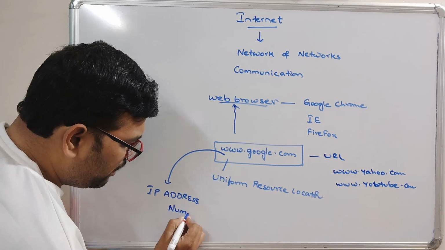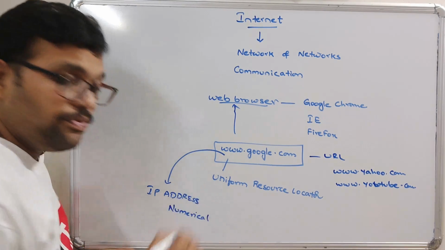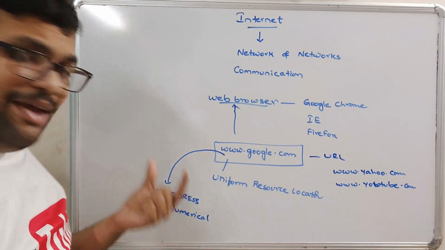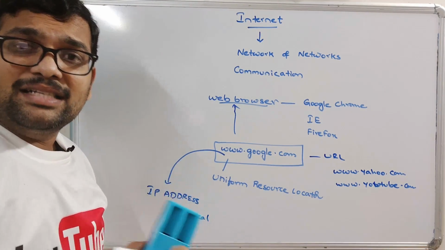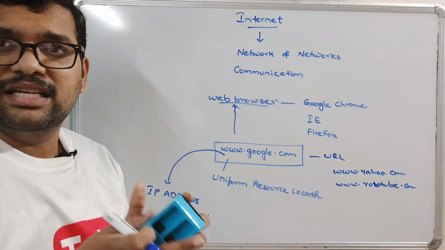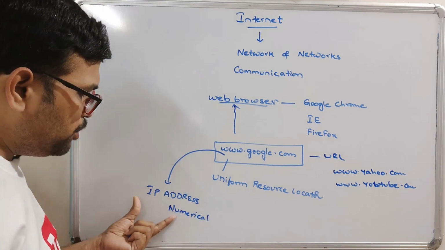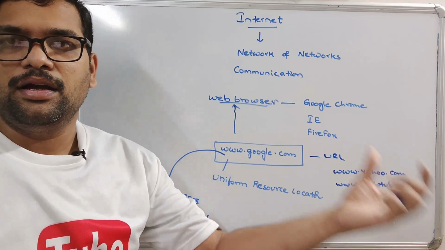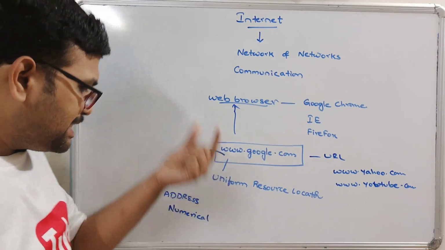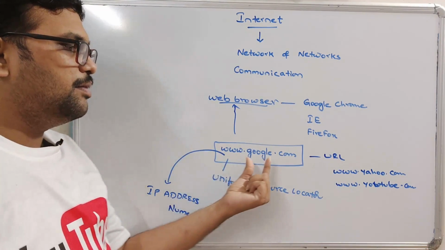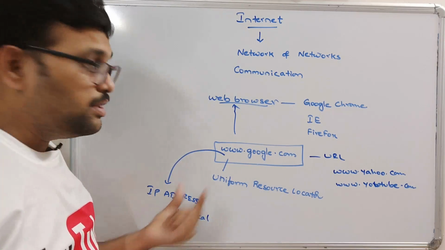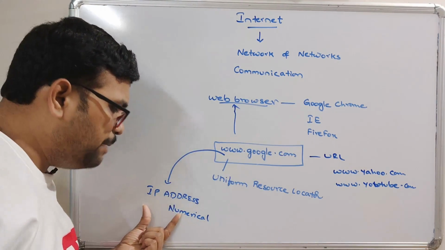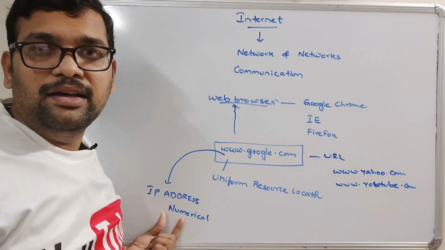And IP address is nothing but the logical address given to the system, and based upon the IP address, the client request will be sent to that particular server, right? This URL will be converted to the IP address of the server to which we are sending the request.